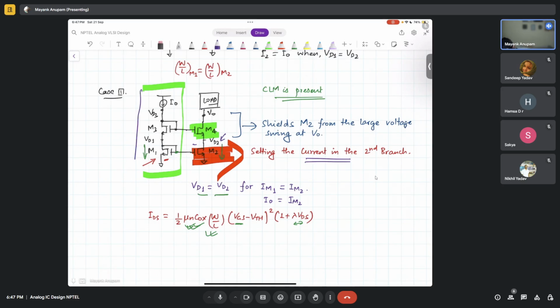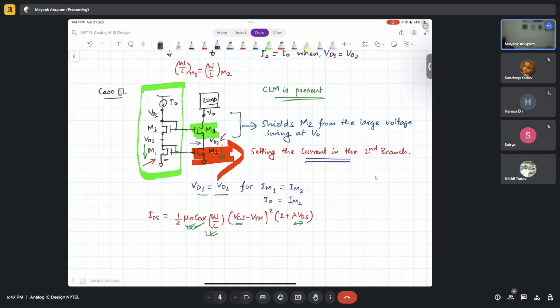Because the left branch is not changing. Nothing is changing in this left branch. The current I naught, you assume that it is remaining fixed. So the only thing that can change is what? This drain voltage, right? And because of that only the current through M2 can change, isn't it? Right, Nikhil?